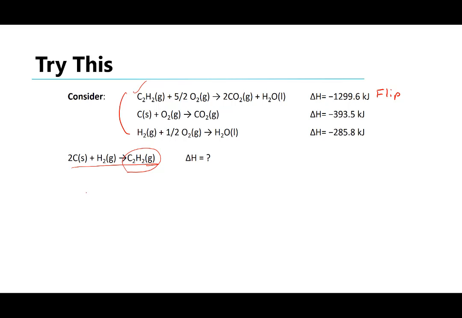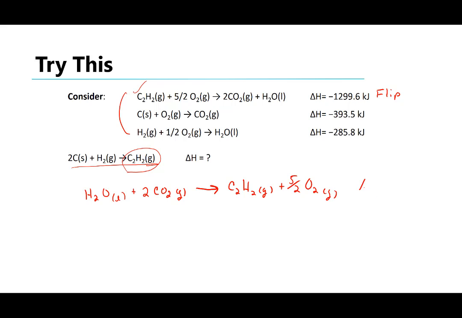So we're going to have H2O liquid, and physical states are important too because sometimes you may have different physical states for the same substance, so you just have to be careful. So 2CO2 gas, and this is actually going to produce C2H2 gas plus 5 halves O2 gas.